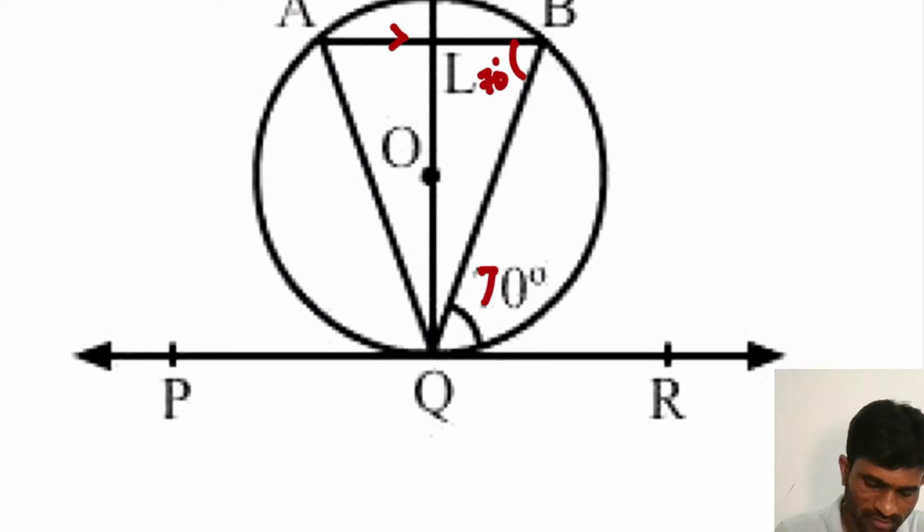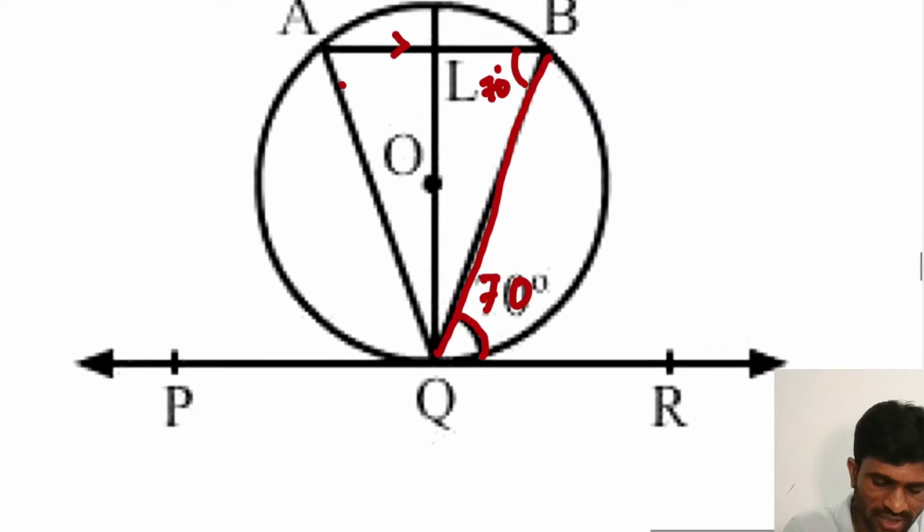And there is one more concept called the alternate segment theorem. The alternate segment theorem means the angle between tangent and chord is equal to the angle in the alternate segment. These two are also equal, 70.